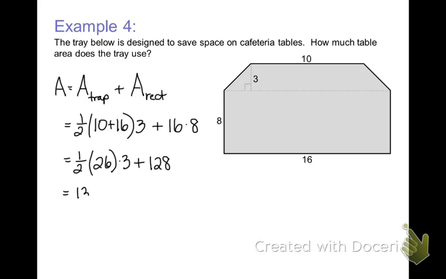So it'll be 13 times 3 plus 128. What's 13 times 3 plus 128? 167. Very good. And that is your answer. Any questions on that problem? Nope. Okay.